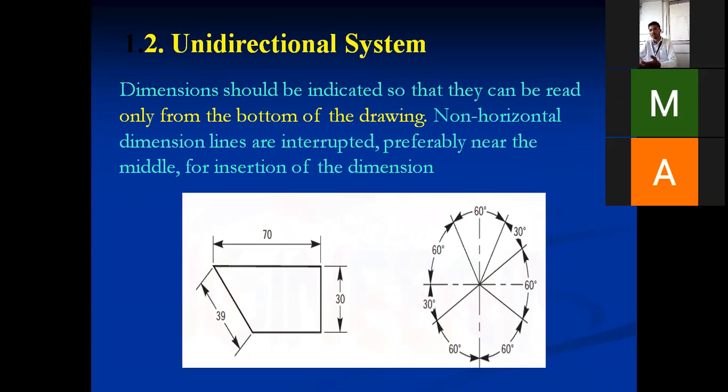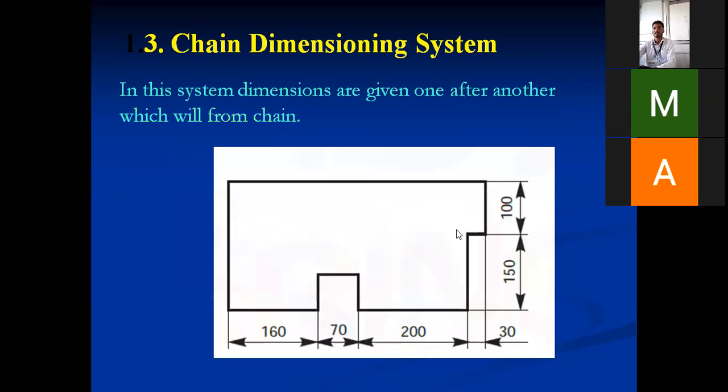And is the text placed above or in between? Correct, both, above or in between. Here you can see it is placed in between, and here also in between, something like this. So the text is placed either above or in between. Both are possible. So that is called unidirectional.